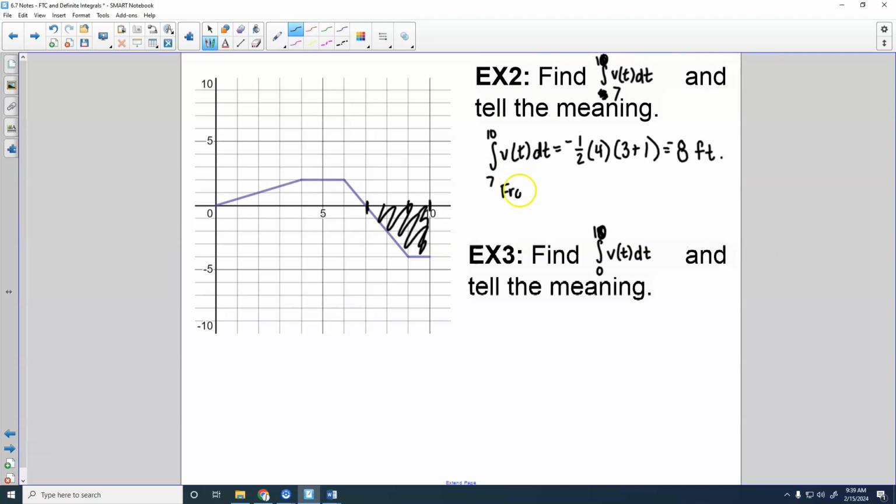From 7 to 10 seconds, the car traveled 8 feet in the negative direction. It'd probably be okay to say backwards there.